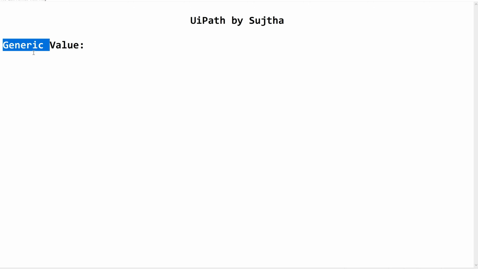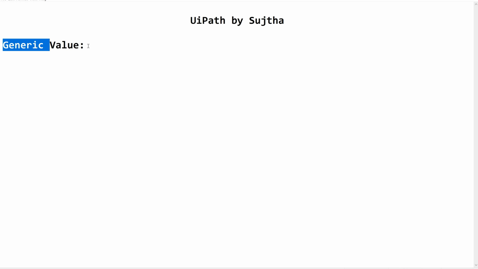If we create a variable of generic value data type, we can store any kind of data into that variable. So this is clear, right?